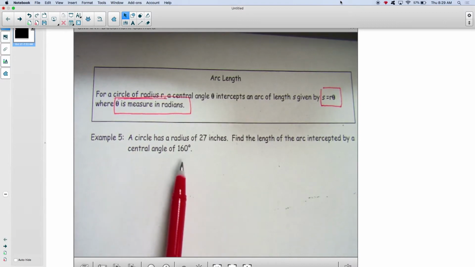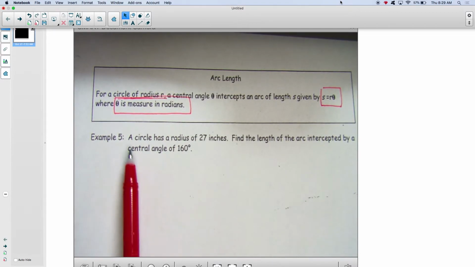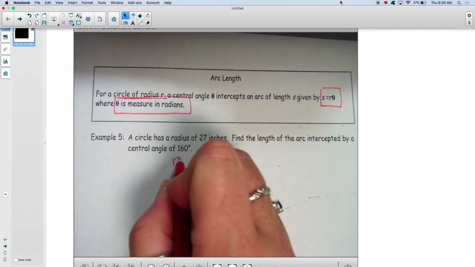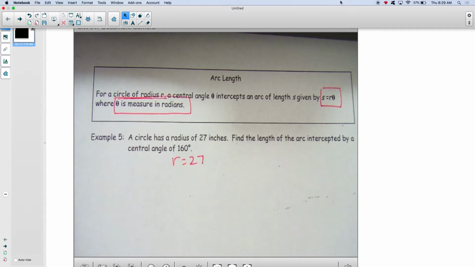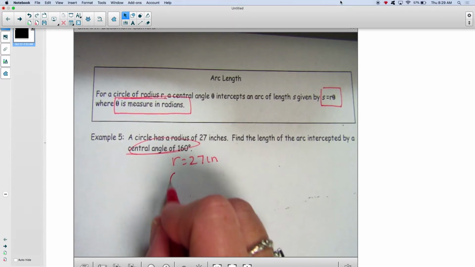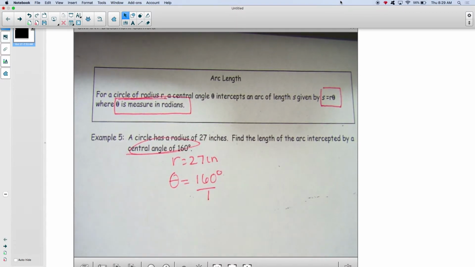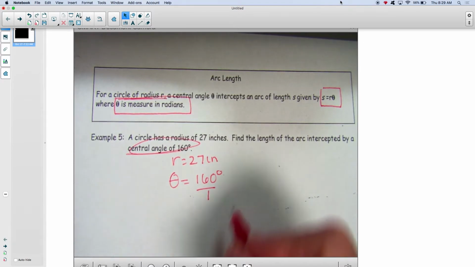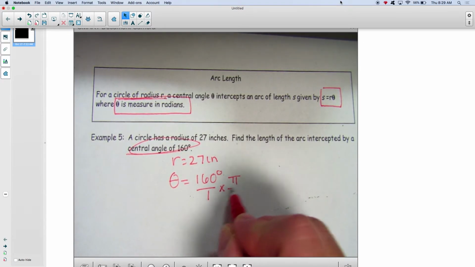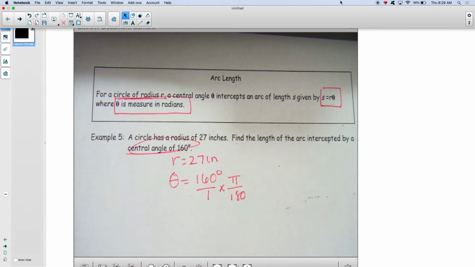So if I give it to you like this example, radius is 27 inches. Find the length of the arc, but the central angle is 160 degrees. So what do I have to do with theta before I can plug it into this formula? I have to put it in radians, which means I have to multiply by pi over 180.